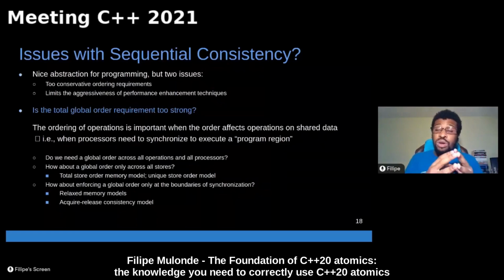So, for example, when we are using locks, we only need to ensure that the operations inside the critical section do not exit the critical section. But memory operations outside the critical section and inside the critical section don't need to be executed in a sequentially consistent manner.